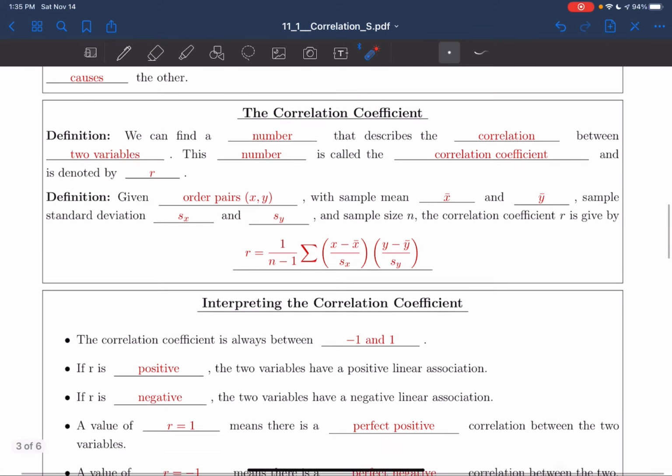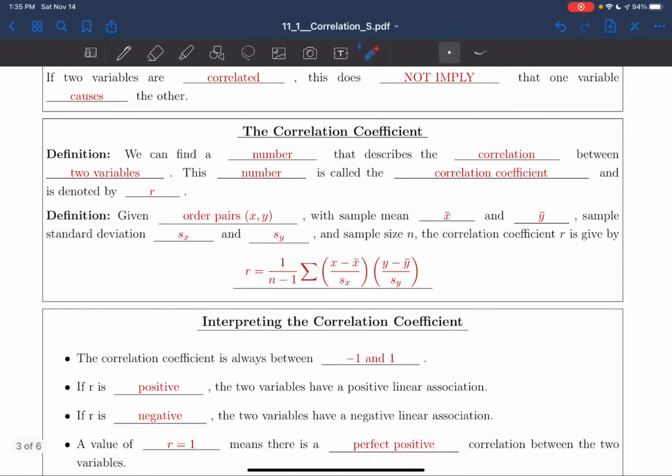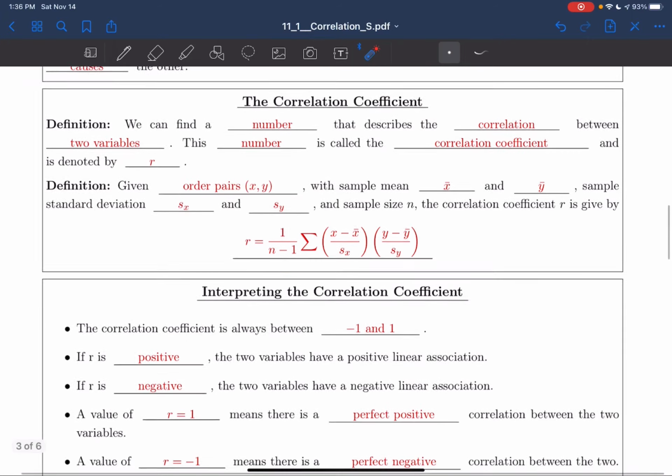Okay, so let's talk about the correlation coefficient, the value that we want to get. We can find a number that describes the correlation between two variables. This number is called the correlation coefficient, and we denote it by the letter R. So how do we get this value?